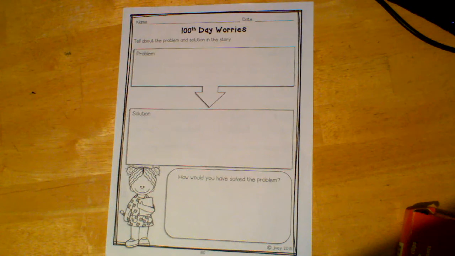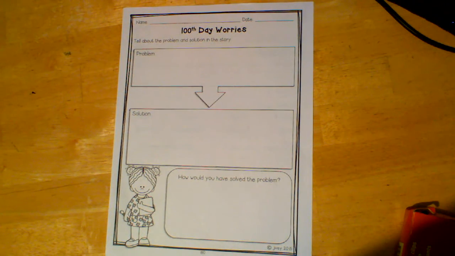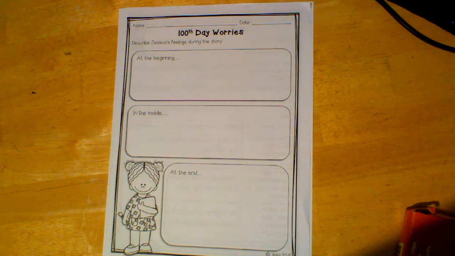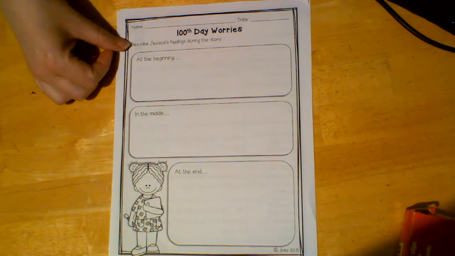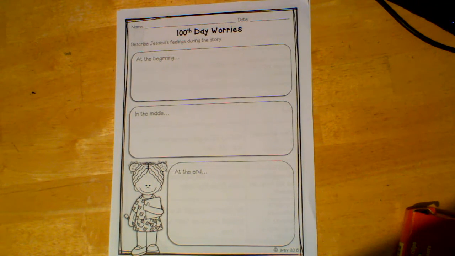Your next one that you have is page, here it is, page 178. All right, and on page 178, we're going to describe Jessica's feelings during the story. So at the beginning, how does Jessica feel? What is she feeling? This kind of goes along great with our Bible story this week.